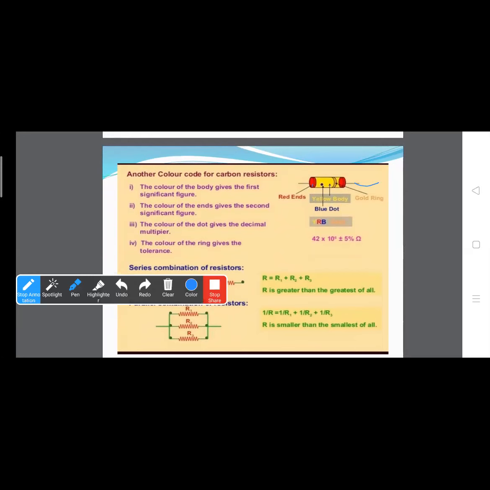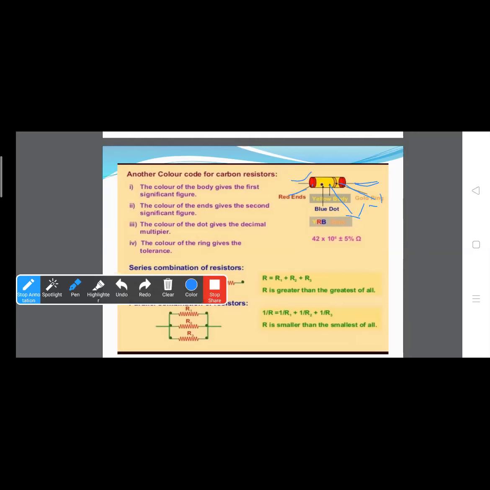Yellow is the first significant digit, and the end color gives the second significant digit, which is red, and the dot gives the decimal multiplier. The decimal multiplier here is blue color. Clear? The color of the ring gives the tolerance. So we can write the value of this resistance by this.